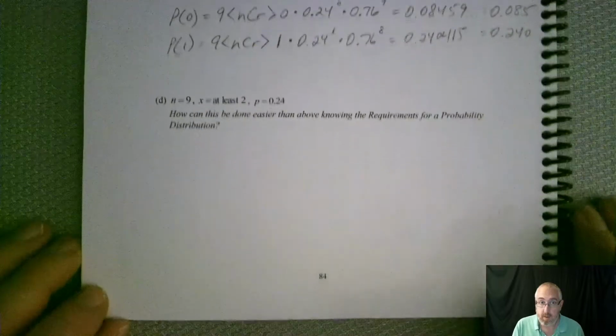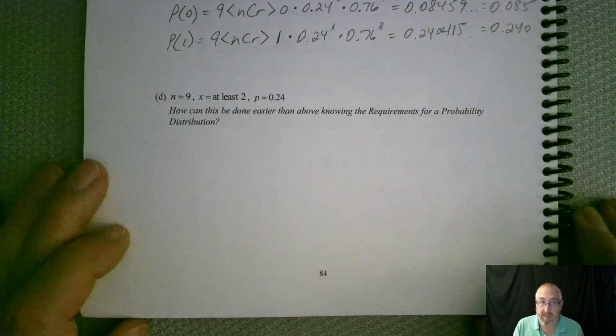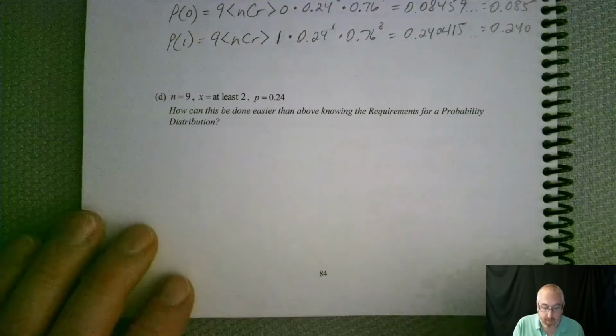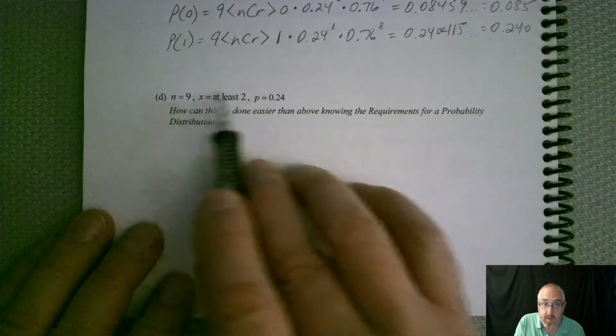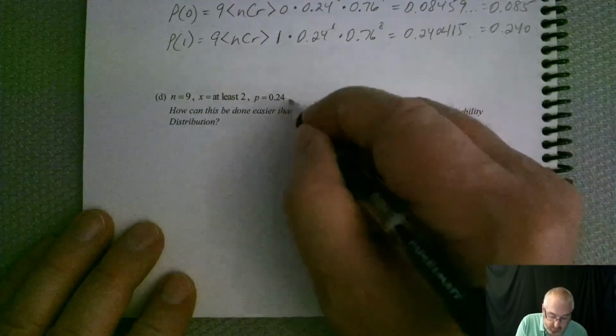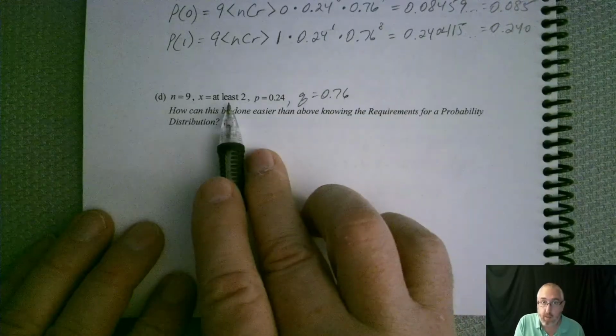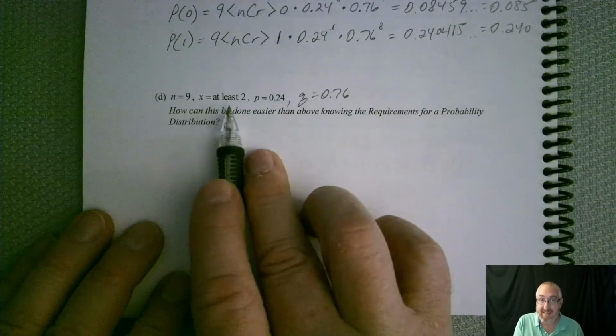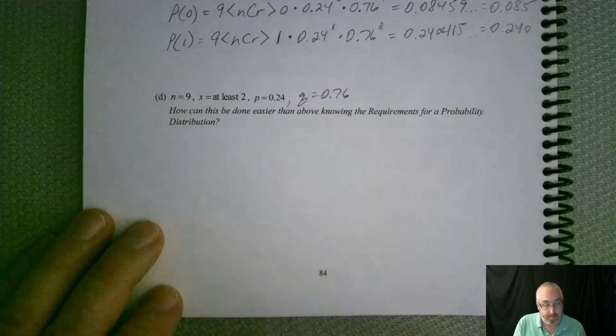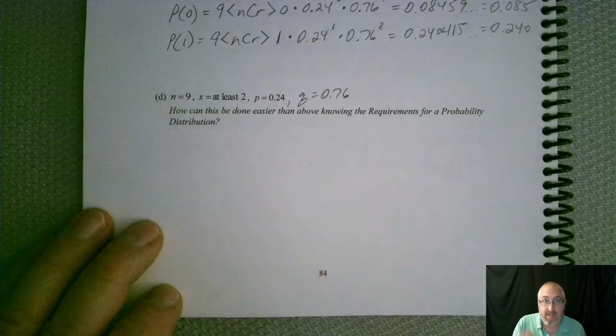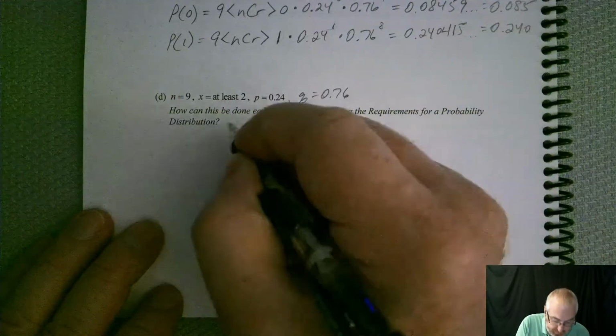Now, we're going to look at another one that is similar to this because n is the same, p is the same, which of course means q is the same. But now look at what x is. X is at least 2. Now remember, at least and at most includes that number in the list.